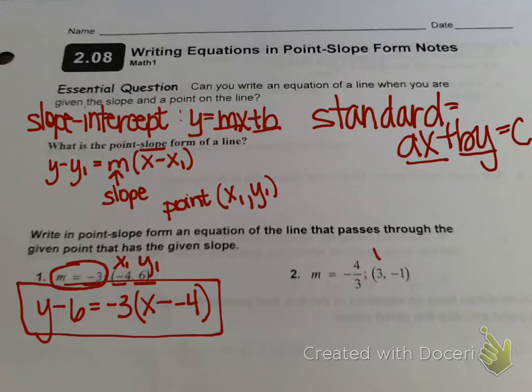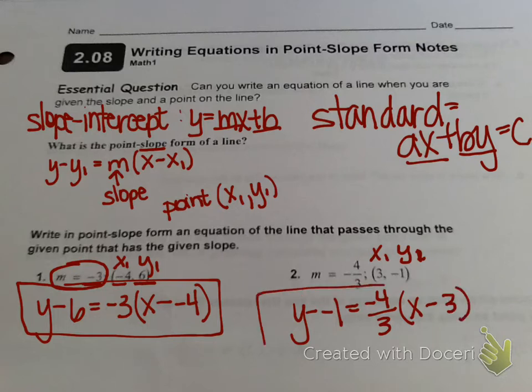So again, if I were you, I would label these: y minus y1 equals my slope times x minus x1. And there's the equation of my line in point-slope form.